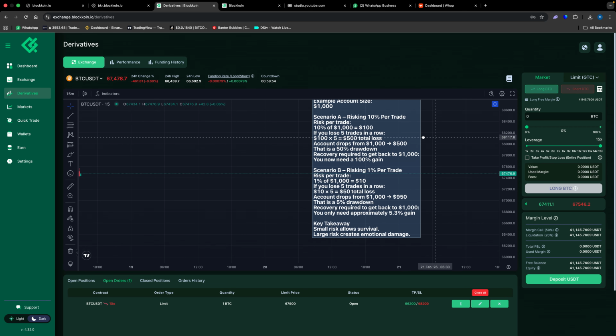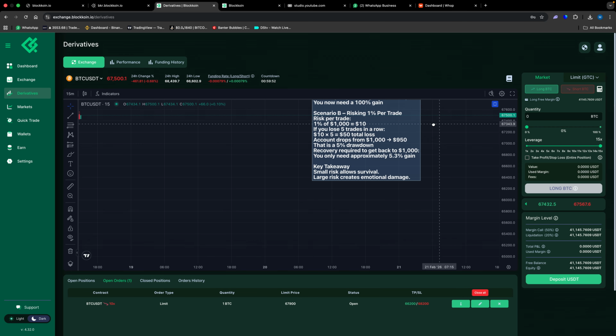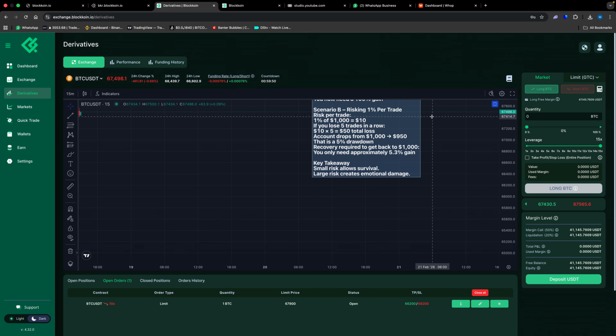Let's look at client B. Client B only risks 1% per trade, meaning that he only risks $10 per trade of his $1,000 account. So if client B loses 5 trades, just like client A, his account drops from $1,000 to $950, which is only $50, only a 5% drawdown.